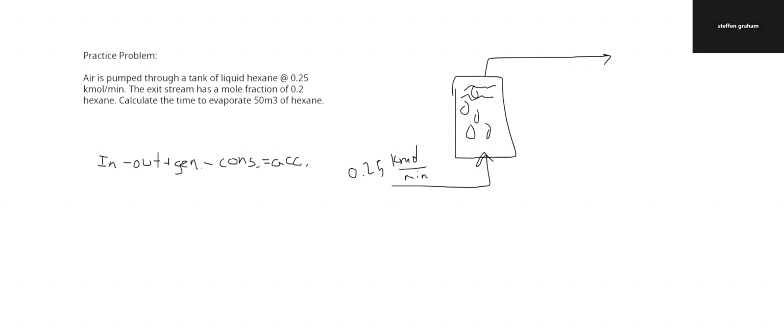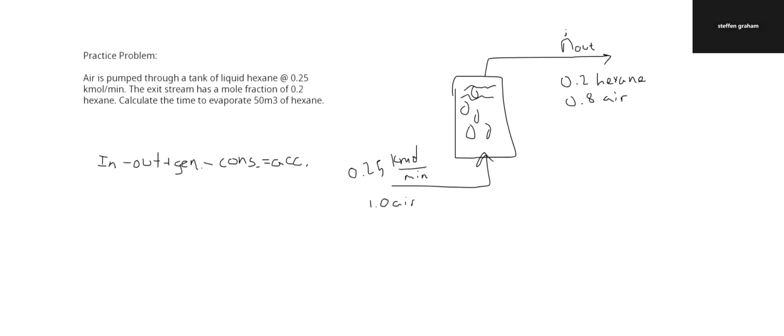Here we don't know what the flow rate out is, but we know that we have 0.2 hexane. That means the remaining fraction must be 0.8 air. And here I'll just put 1.0 air. We know this.